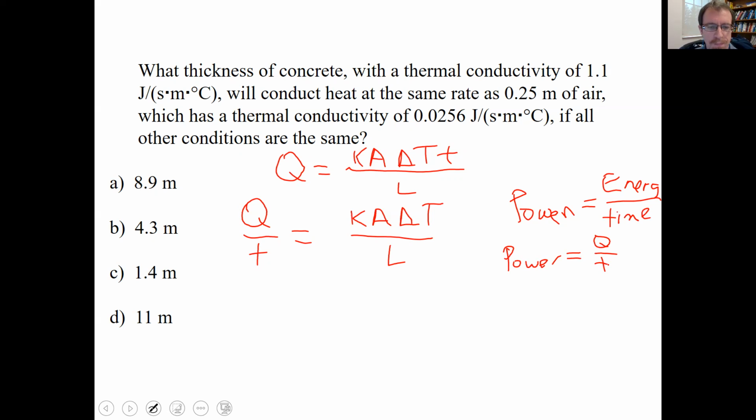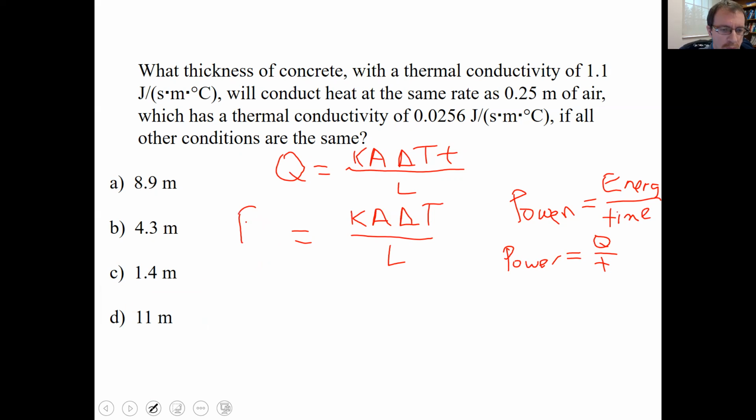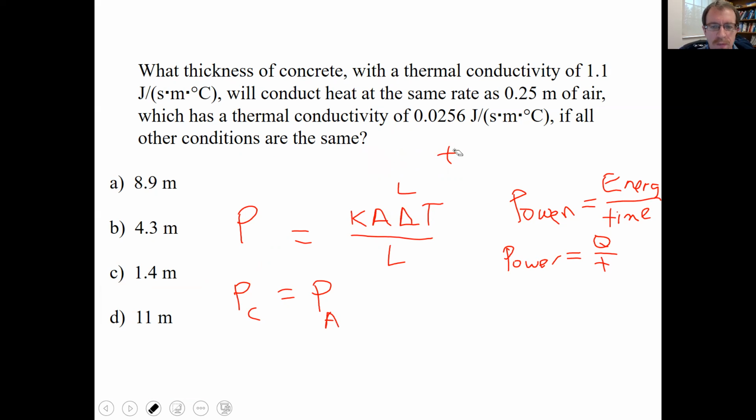All right. So let's then replace this Q over time with what it is. It's actually power. And this problem basically says that we want the power conducted through the concrete to be the same as the power conducted through the air. So we're going to hold on to that idea and create a little space here to work in.